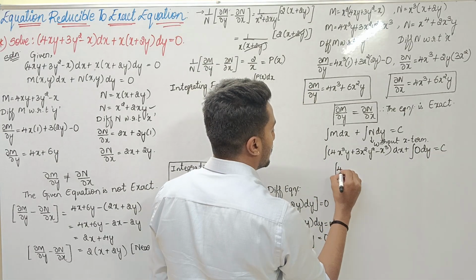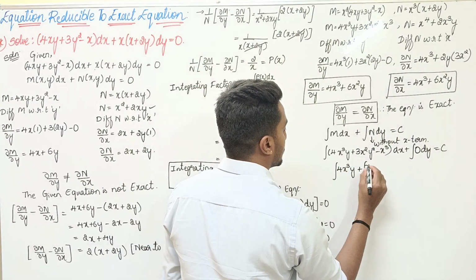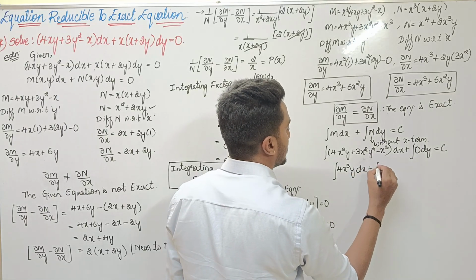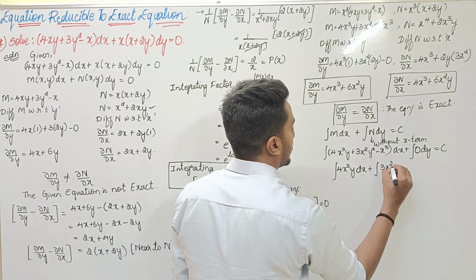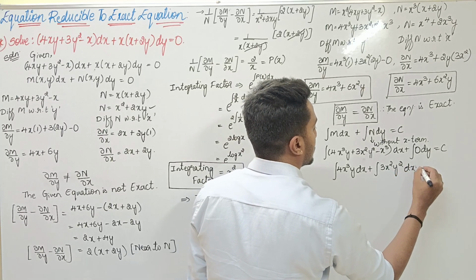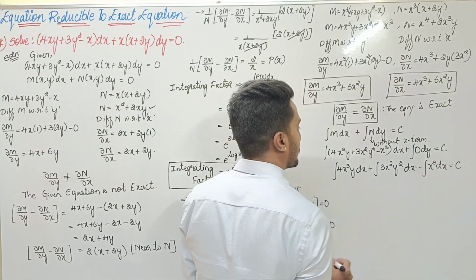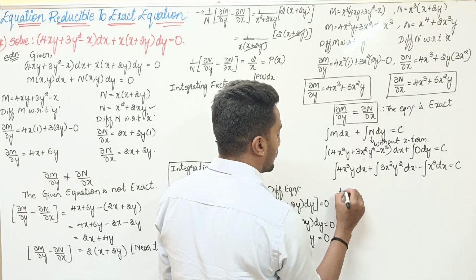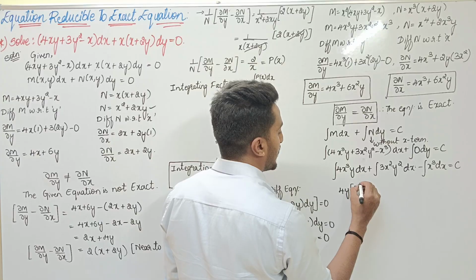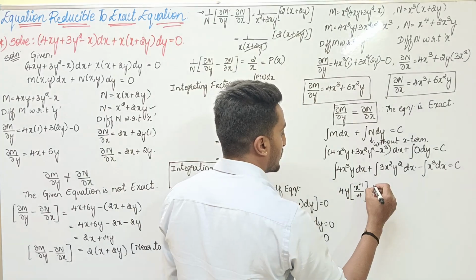That is integral 4x cube y dx plus integral 3x square y square dx minus integral x cube dx equal to c. Now here 4y remains constant, integration of x cube is x power 4 by 4, since we are integrating with respect to x.